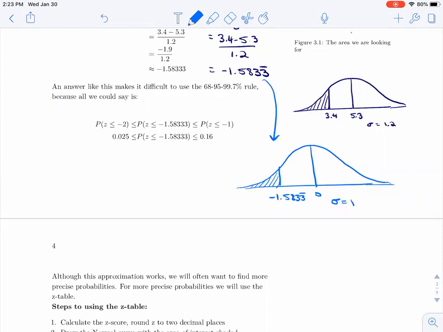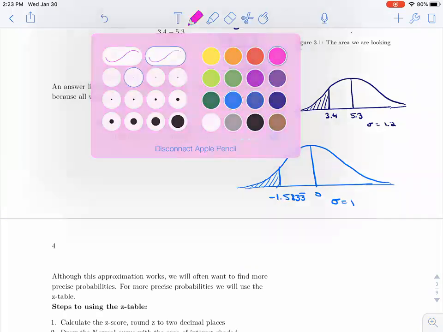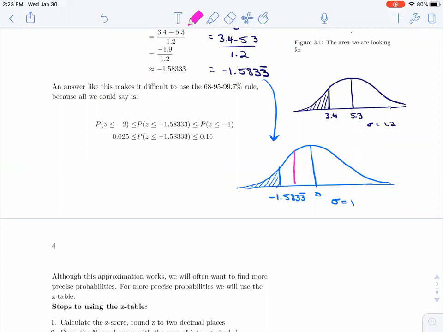So let's start with negative 1. If we imagine, right, between negative 1 and 1, by the 68, 95, 99.7 rule, right, we have 0.68 in here, which means we have 32 or 0.32 left over, but we have to split that evenly amongst the tails.